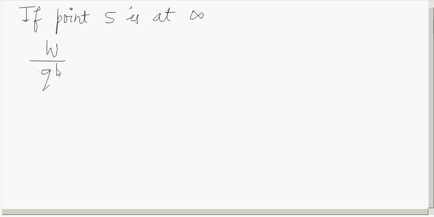Now if point S is at infinity, then W by Q dash is equal to V of R1 minus V of infinity, and the potential energy at infinity is 0.